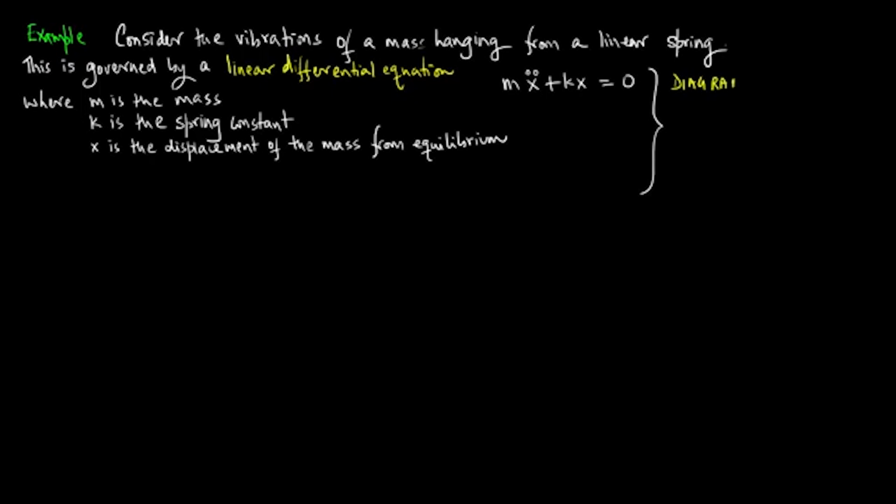Now we construct a simple diagram to show this. So we have a spring. At the bottom of the spring there is a mass m, and x is the displacement of the mass from equilibrium.